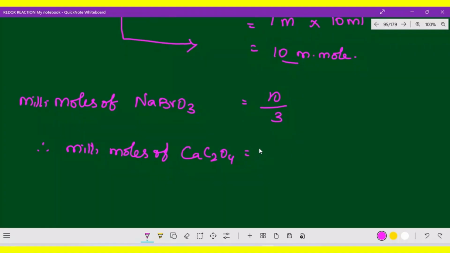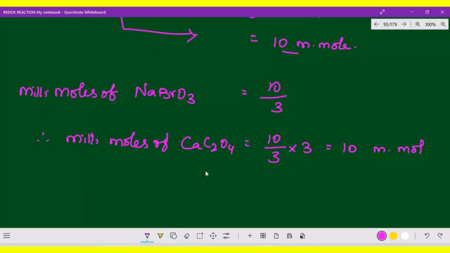Actually, how much is there in the balanced equation? 3. So by cross multiplication, for millimoles of sodium bromate it is 10 by 3, therefore millimoles of calcium oxalate is 10 by 3 into 3. So you will get how much? 10 millimole, right? So 10 millimole. Now here this is also 10 millimole.